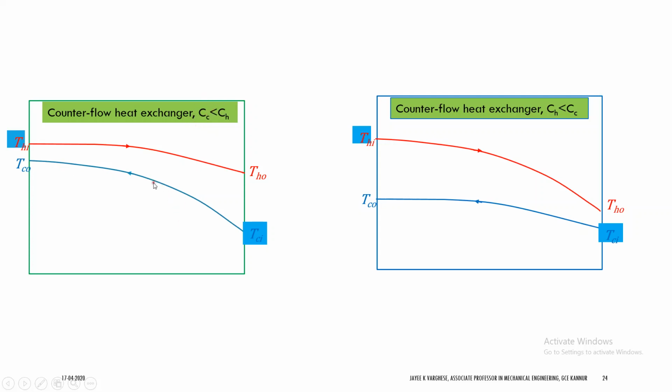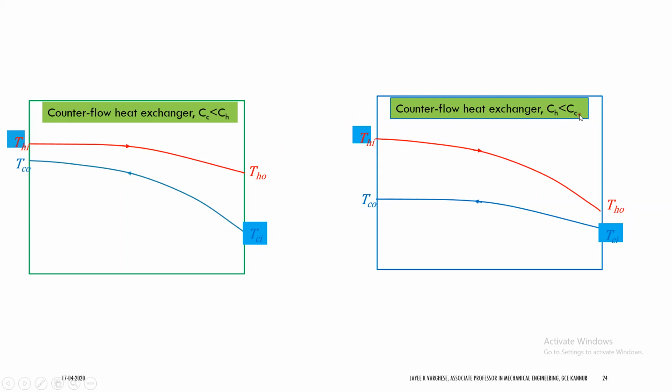That means if you increase the length of the heat exchanger to infinity, eventually TCO will increase to THI. This is the maximum temperature to which TCO can increase as a limiting case. So TCO will tend towards THI. Now we take the other case.